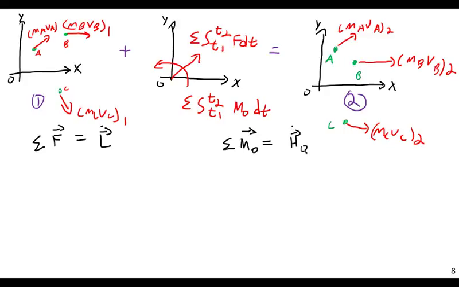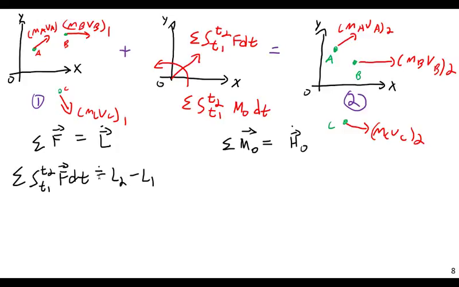Then if I take this in terms of time, I would have the summation of the integral from T1 to T2 of F dt equals L2 minus L1.